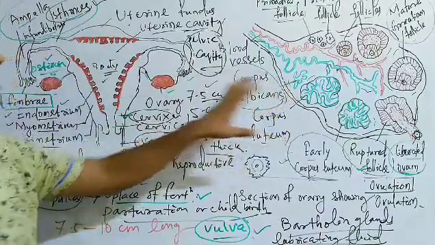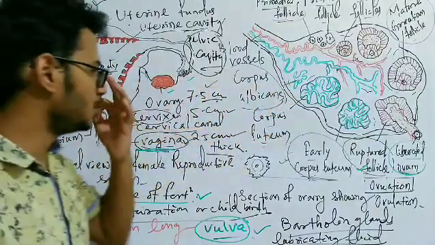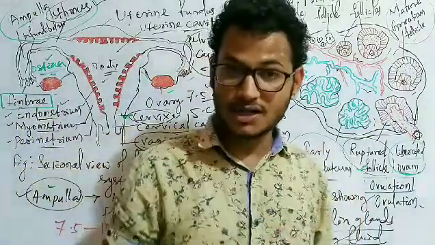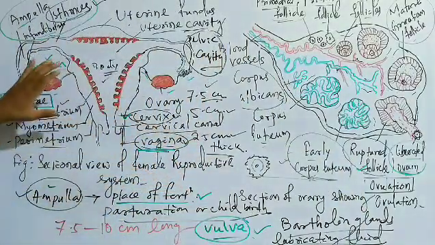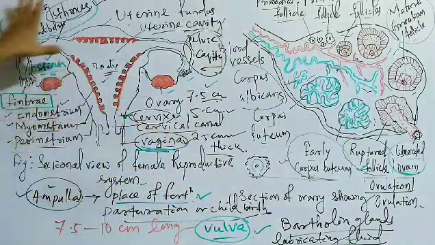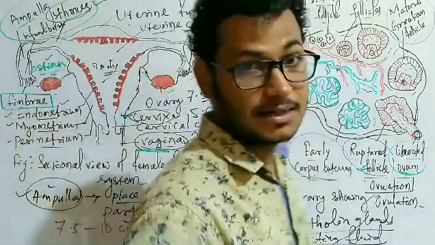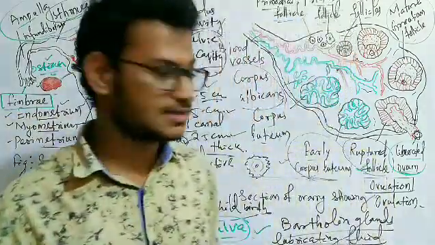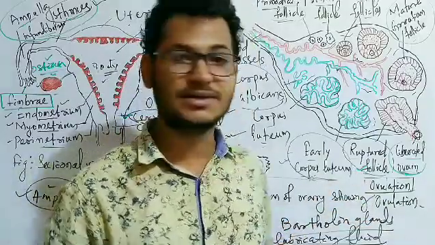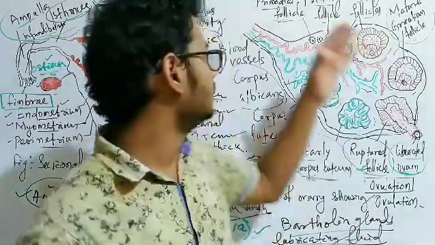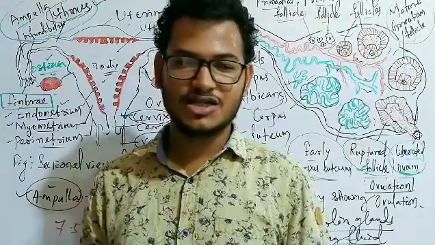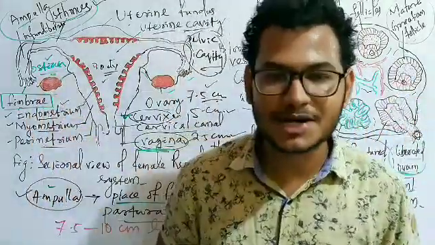These two diagrams are essential also for the board students who are preparing for their boards. This diagram represents everything of the female reproductive system, and this one particularly shows a section of the ovary showing the development of the follicles. Okay, so this is all about the female reproductive system.